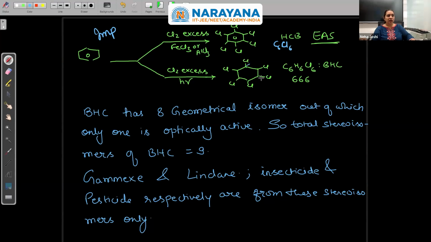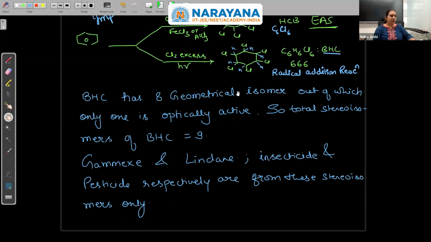You will have hydrogen at all these places. The formula is C6H6Cl6, benzene hexachloride. This is the common name, and the other was IUPAC. This one takes place by radical addition reaction, and the earlier one was electrophilic aromatic substitution.